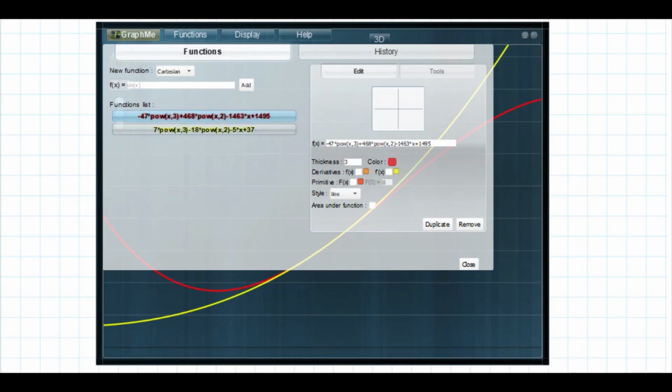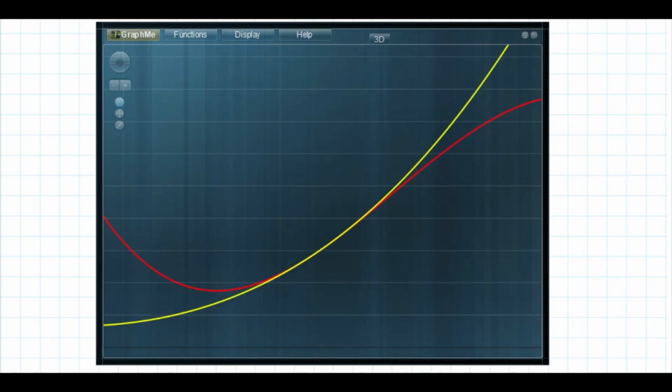Now I made a mistake. This yellow curve is actually S0. This is a mistake. This is S0. This is S1. The equations I have to change. S0 is 7x cubed minus 18x squared minus 5x plus 37.